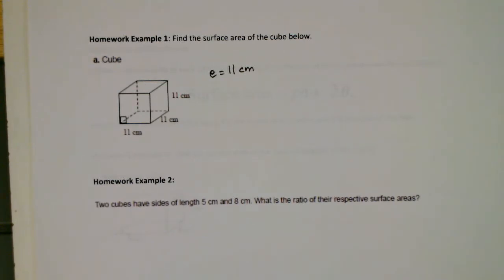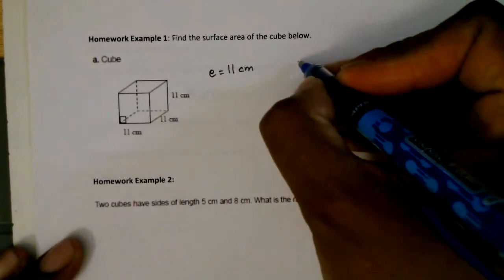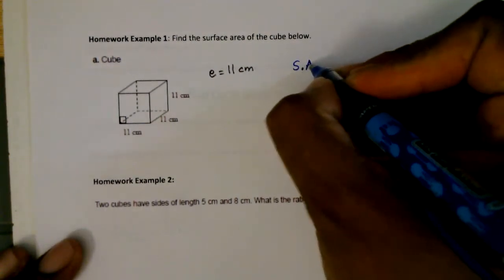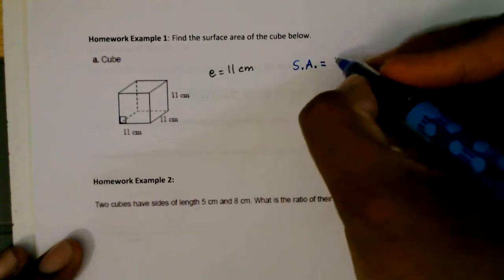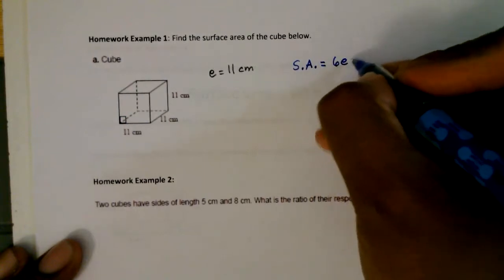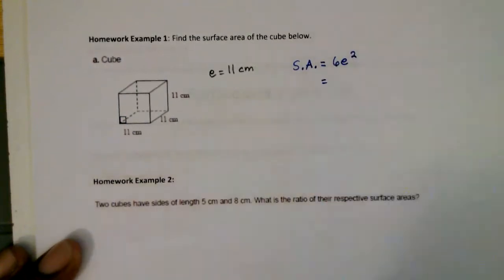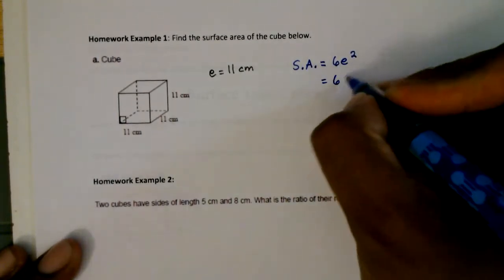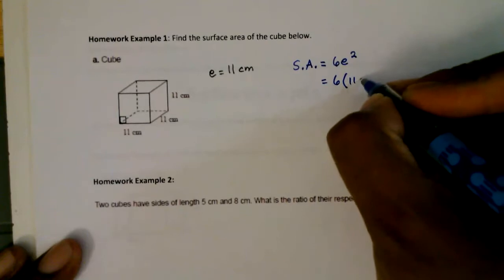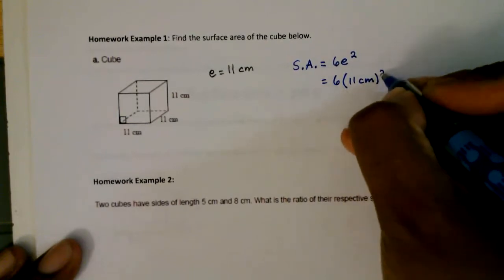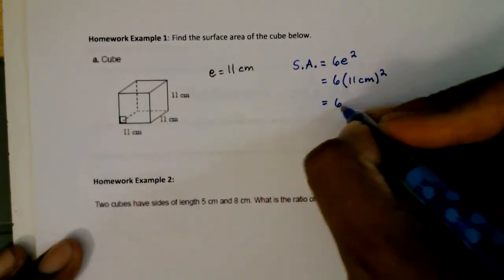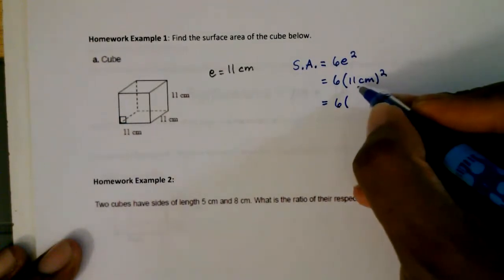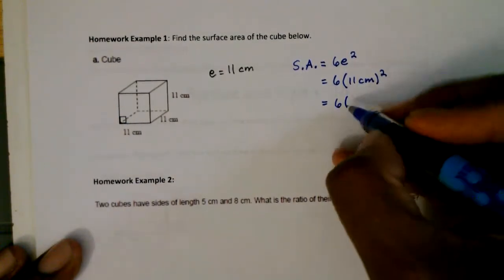Okay. So to find the surface area, and I'm going to abbreviate SA for surface area, that's, of course, 6e squared. And your edge is 11 centimeters. So this will be 6 times 11 centimeters, and that's going to be squared. Then I'm going to bring down the 6 and then square the 11. 11 squared is 11 times 11.